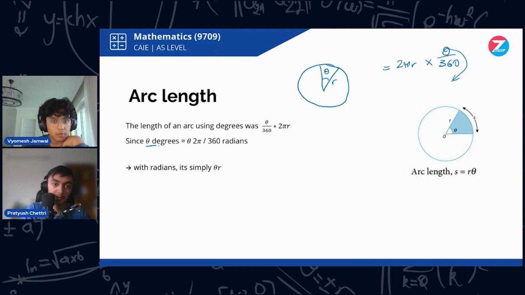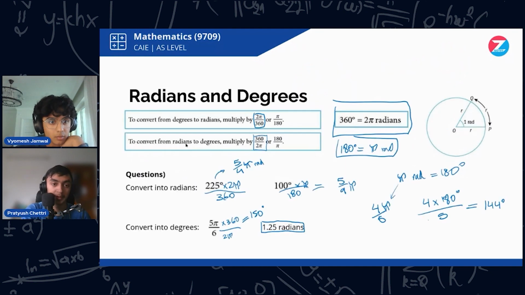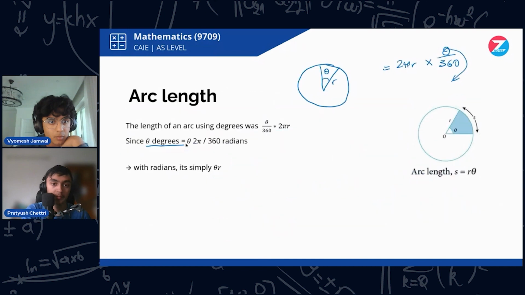Is this right? Wait, let's see the previous slide. Degrees to radians. Oh, that's right. That is correct. Yeah, it should be like that. Oh, I used to always do it as pi upon 180 degrees. That's why I was confused. Why is it 2 pi? But anyways, I think it should be fine.